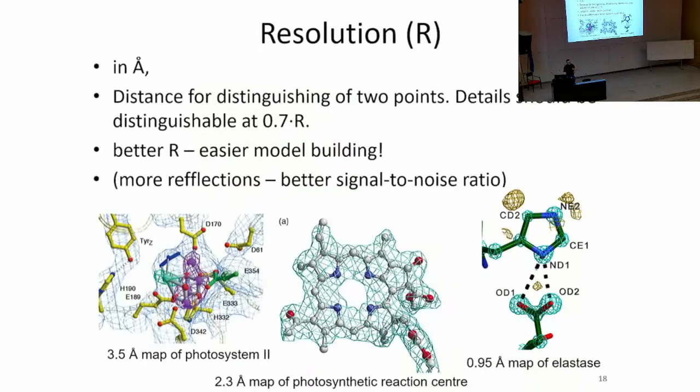The major information about the quality of the data is still the resolution and the R number, which is used as the primary information about the quality of the structure. What you can do with the structure really depends on it. On the left, there is a 3.5 Å map of photosystem 2.